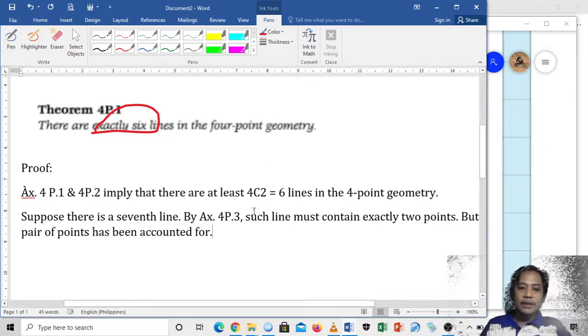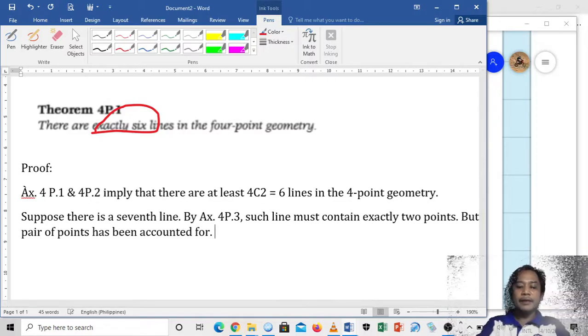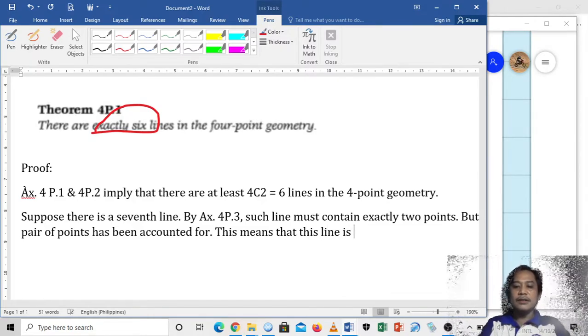Because when we count the number of combinations, we have considered all possibilities of 2 points pairing among the 4 points given. Meaning, this means that the 7th line is one of the 6 lines mentioned.